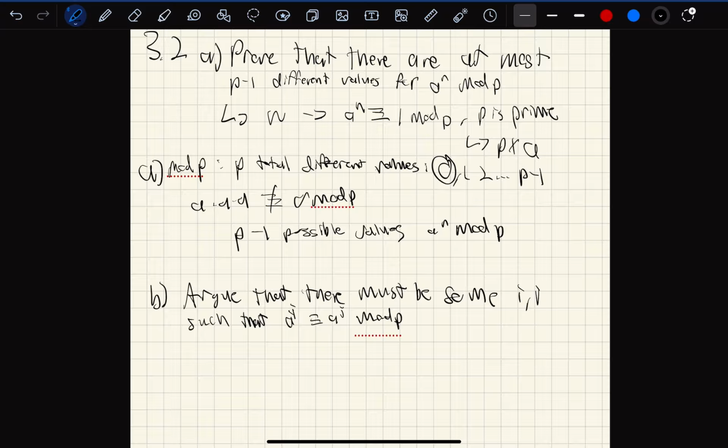So thinking of the possible unique powers that we can have under mod p, right? The total possible number of powers we can have is just going to be the p possible different values under mod p.